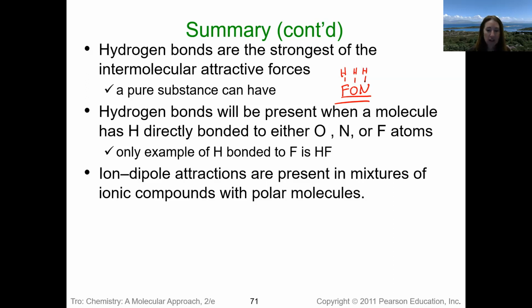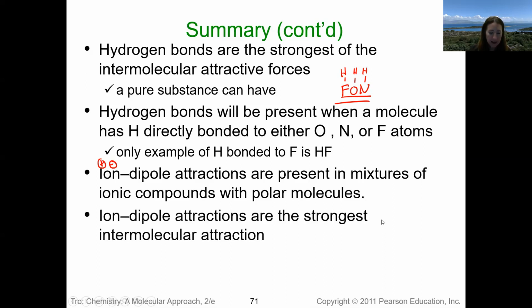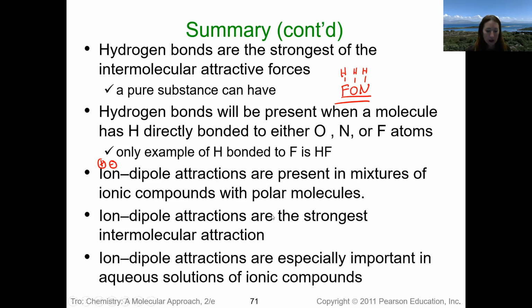Ion dipole is kind of a special sort of one, right? This is like an ion, which is either positive or negative, either gained or lost electrons, attracted to a dipole. I guess I said hydrogen bonding is the strongest. It's not really the strongest; it's the strongest of the weaker intermolecular forces. Ion dipole is kind of like a whole other class. They're especially important in aqueous solutions.